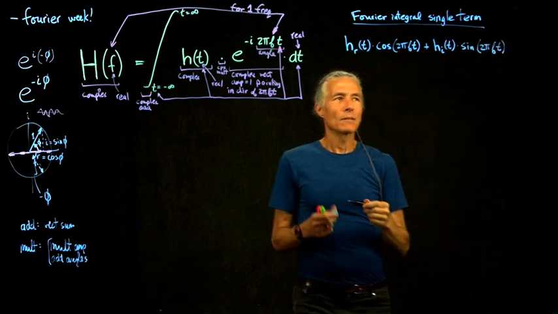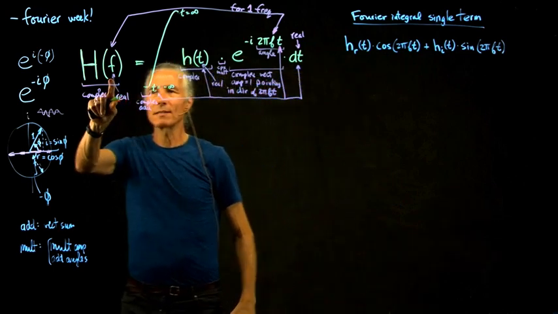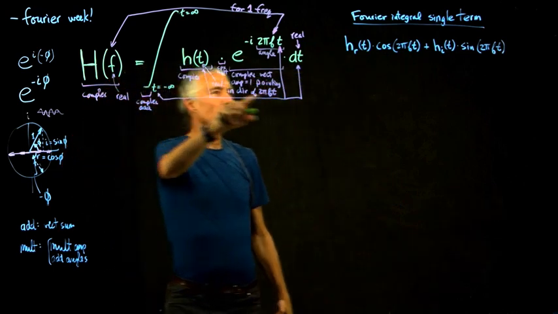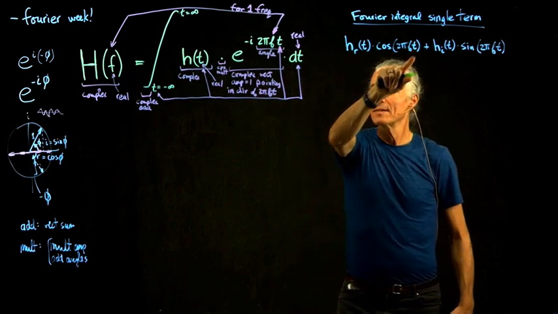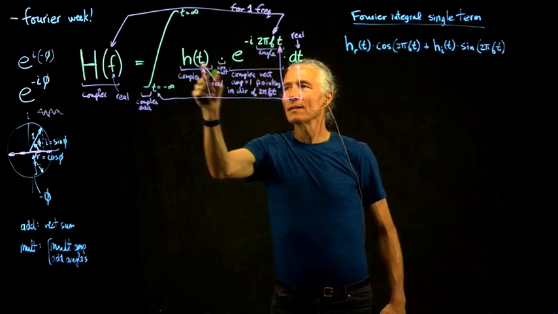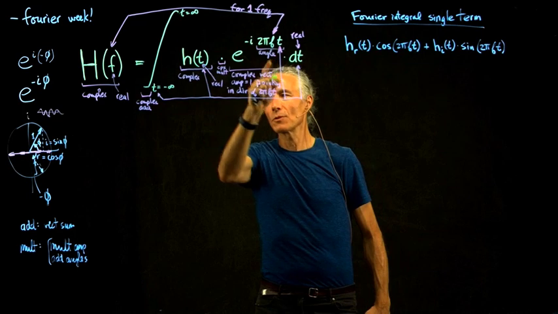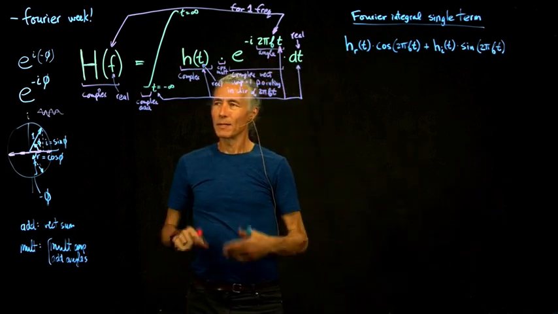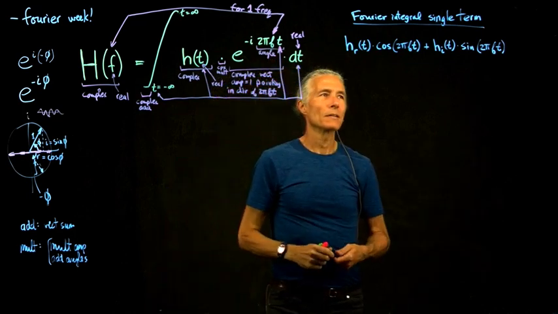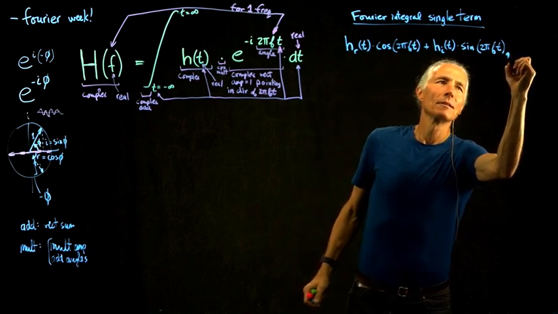And frequency is whatever the current frequency that you're working on, and time is also whatever the current time point you're working on. So those will be substituted with whatever the current values are. So that's the real part.